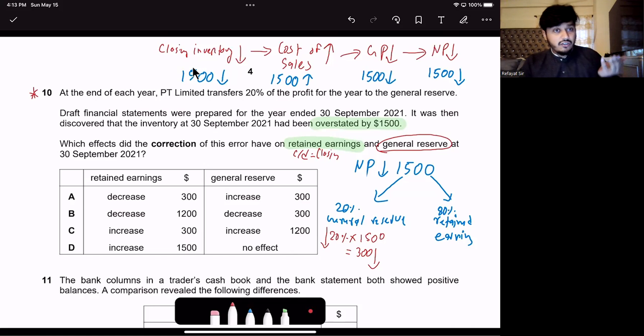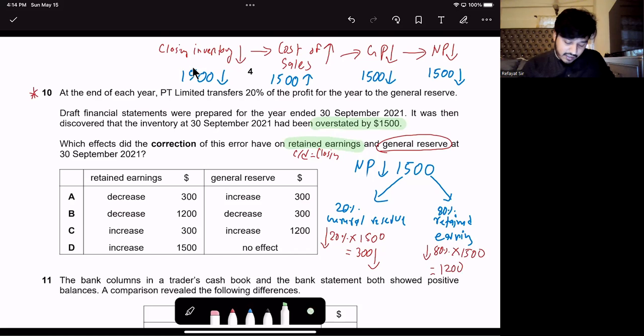And since 80% of profit is in retained earnings, retained earnings will also decrease by 80% of $1,500, which is $1,200.